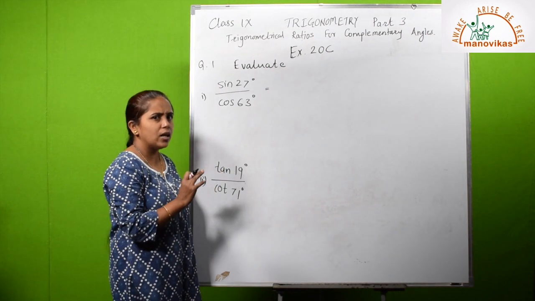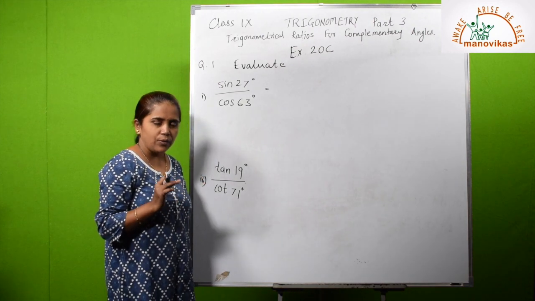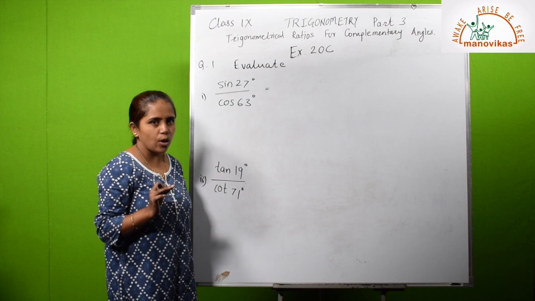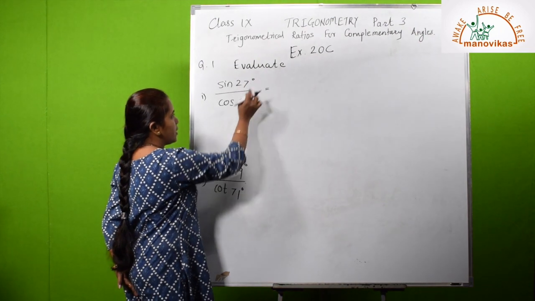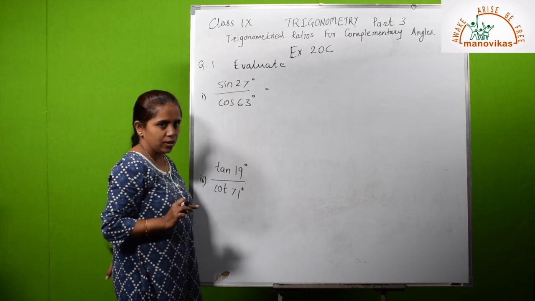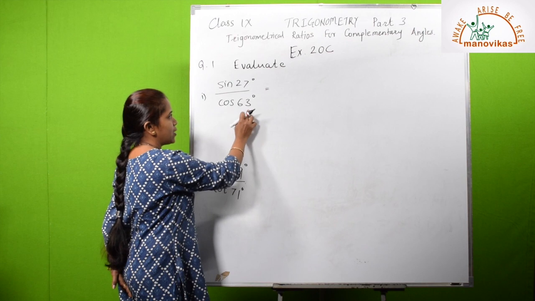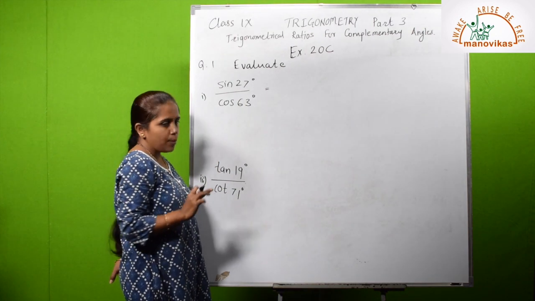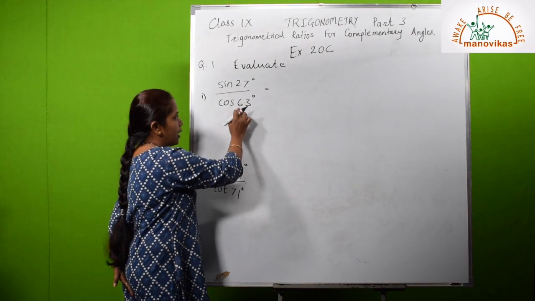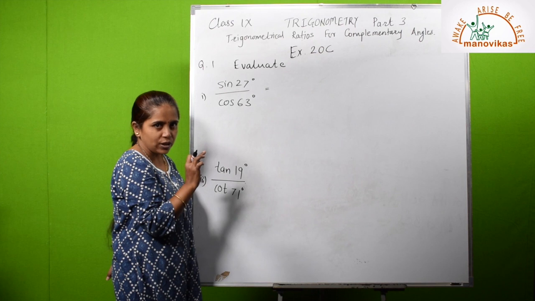Now when you see the sum like this, first we have to see whether the angles are complementary or not. Now here which angles are given? 27 degree and 63 degree. If you take the addition, 63 plus 27 is 90 degree, means 27 and 63 degree are complementary angles for each other.